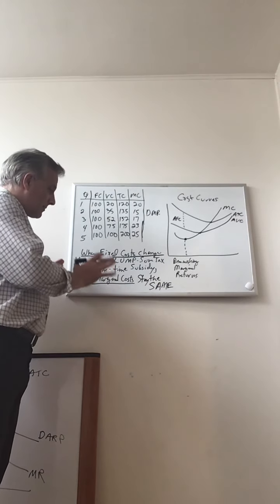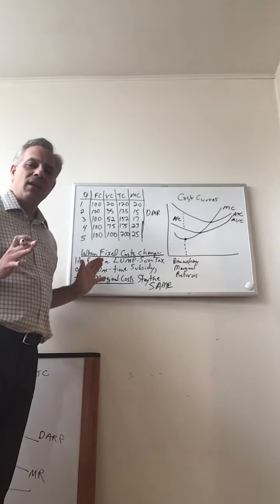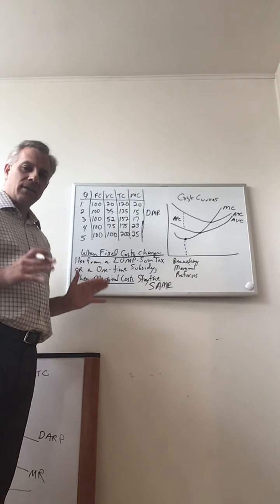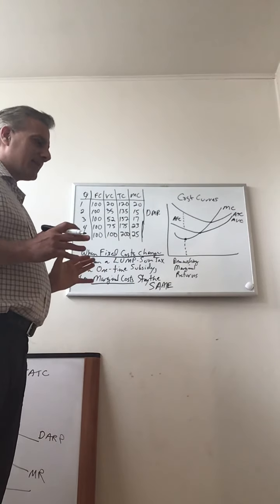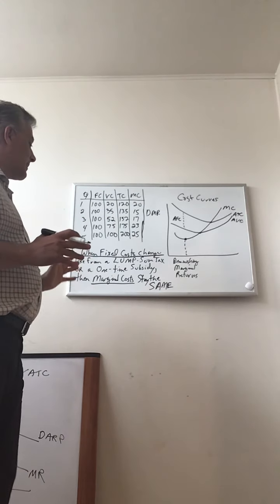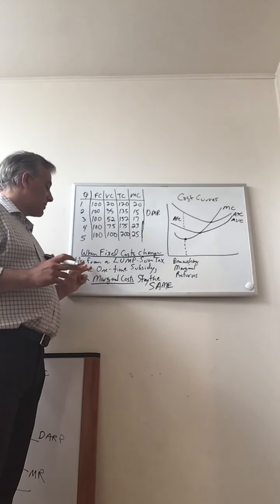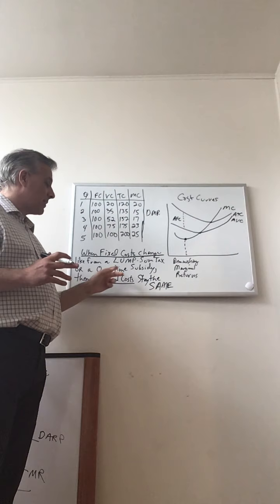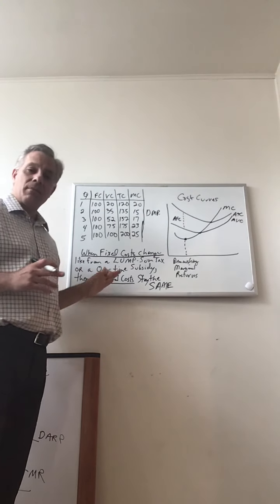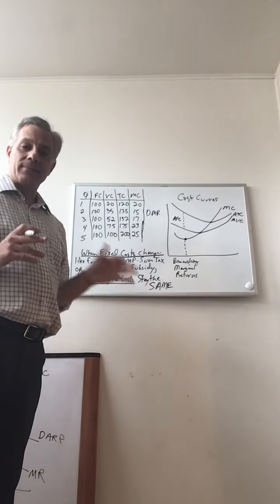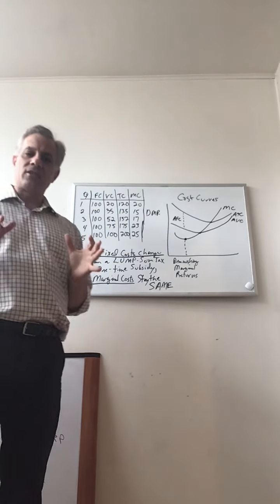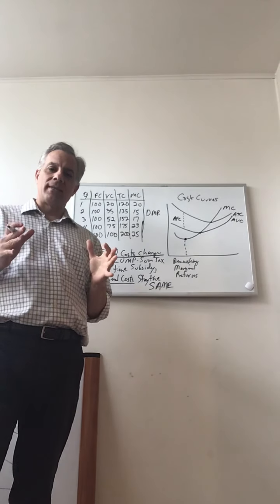And know, they love this so much, it will be on the test in some capacity: when fixed costs change, like from a lump sum tax or a one-time subsidy, the marginal costs remain the same, okay? When fixed costs change, marginal costs remain the same.